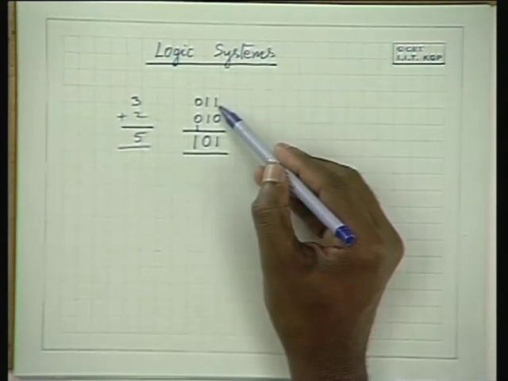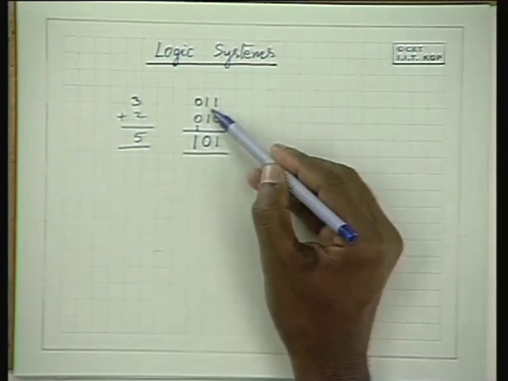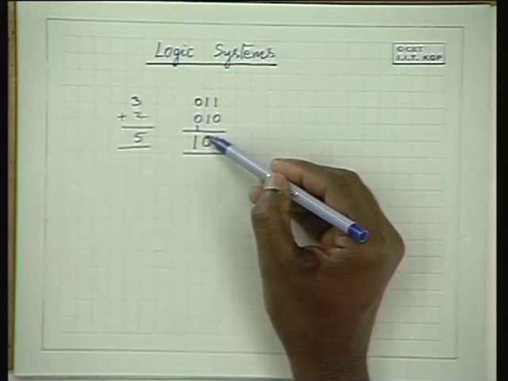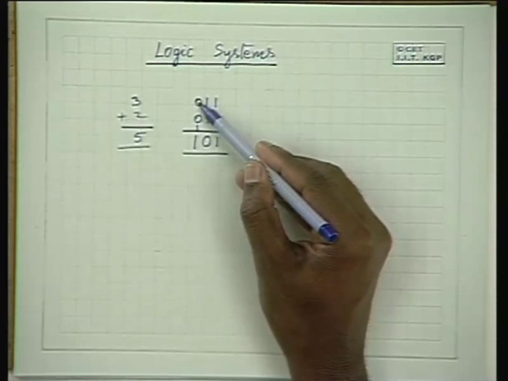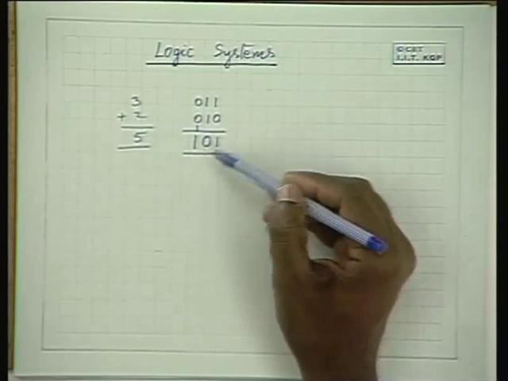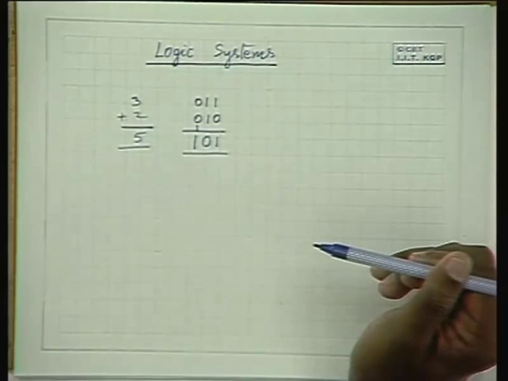When I add these two, 1 plus 0 gives me 1, carry is 0, 1 plus 1 is 2, that means the binary equivalent is 1, 0. The result is 0 and carry is 1. When I add these, I will get a 1 and carry of 0. So, 1, 0, 1 is the result and its decimal equivalent is 5.